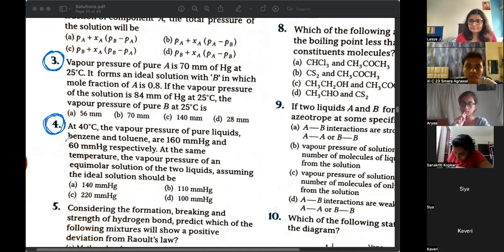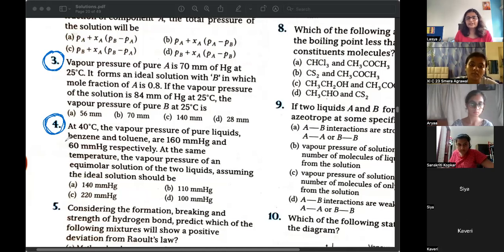Ma'am, the Pi and P total formula, that is not for pure, no? No, unless and until you're figuring out the gas phase, do not consider that at all. As long as you're dealing with a solution, like here, where you have the vapor pressure of the solution and the concentration of the solution, and you need to figure out the vapor pressure of pure B, don't consider that at all. Consider Raoult's law formula itself.